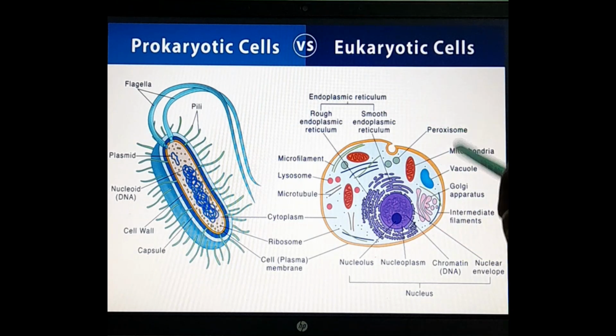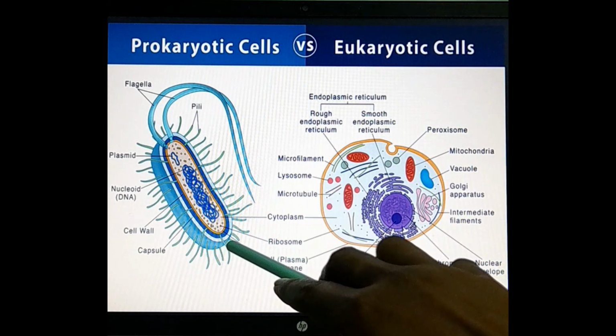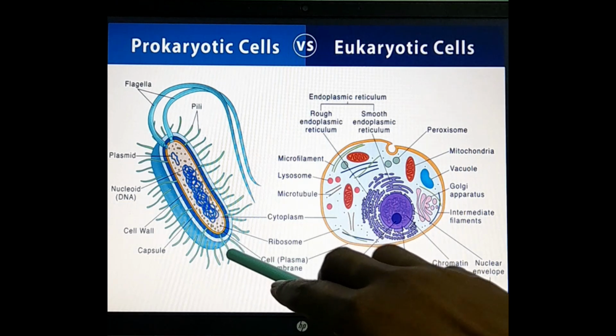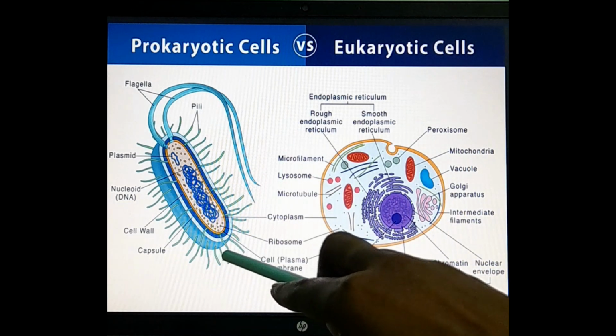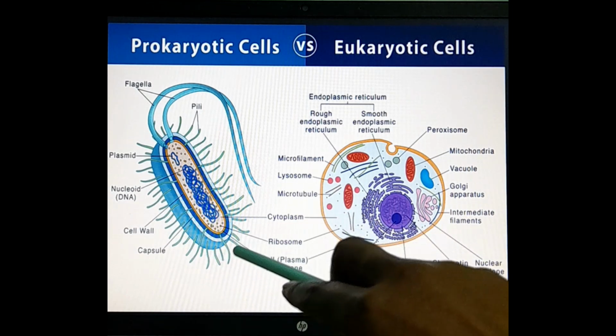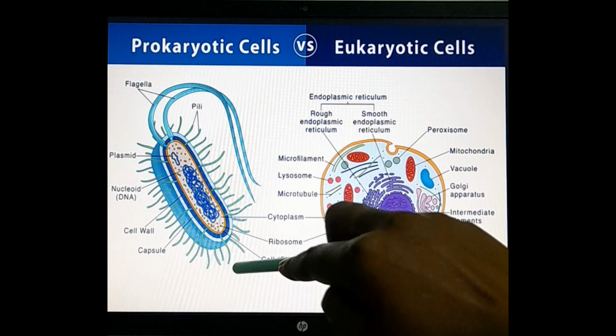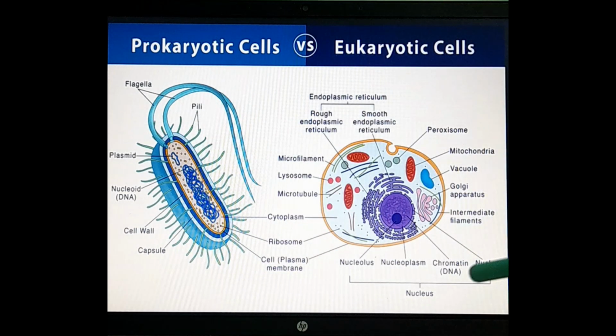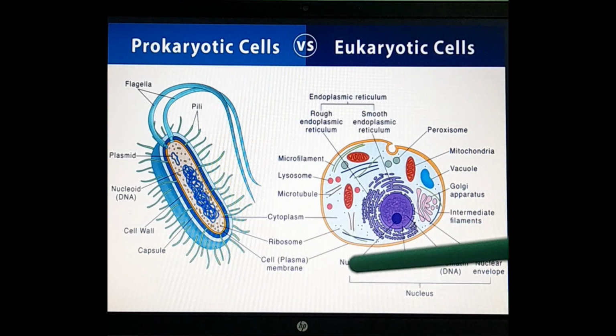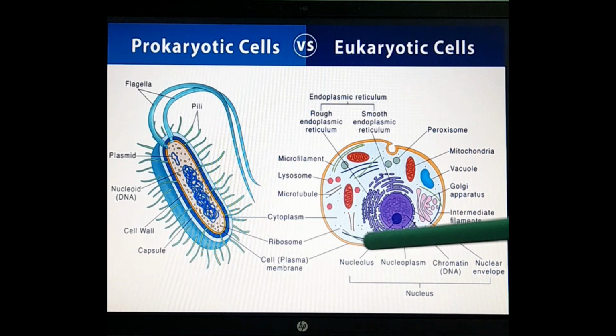So many organelles are there. But here, no mitochondria you can see. So many are absent. There we can see one more interesting thing, that is the pili, and another is the flagella, actually for their locomotion, for their movement.